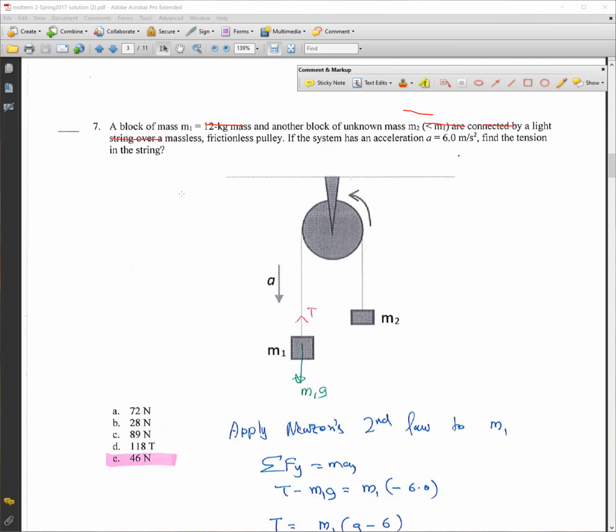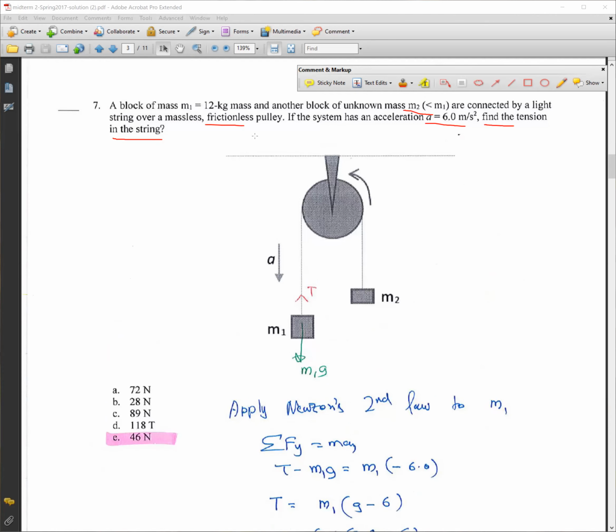Again, we're given the mass M1 as 12 kilograms. Knowing that M2 is less than M1, that means M1 will be driving the motion. So that's the mass driving the motion. Now, of course, I have the same tension on both sides.